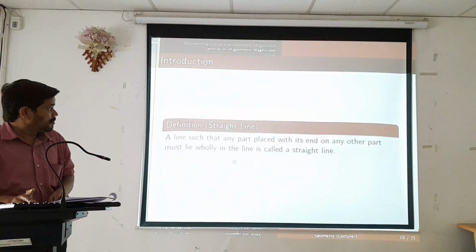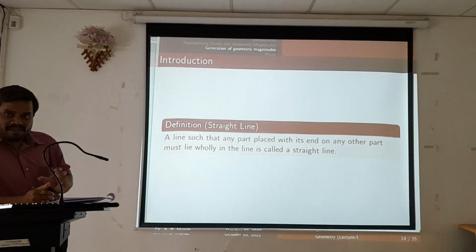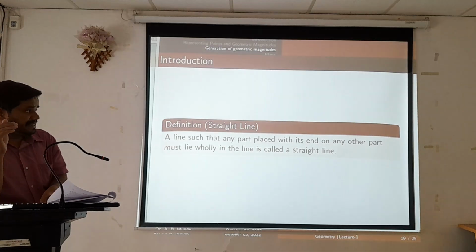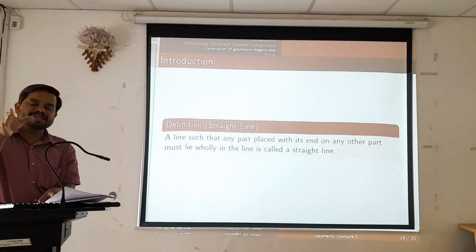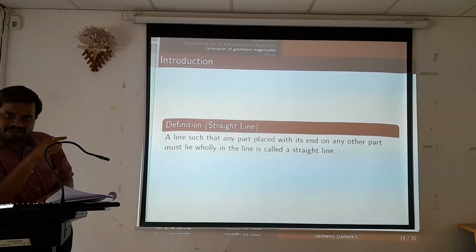Now look at here the definition of a straight line. A line such that a part placed with its end or any other part must lie wholly in the line. Do you understand the meaning of this definition of a straight line?